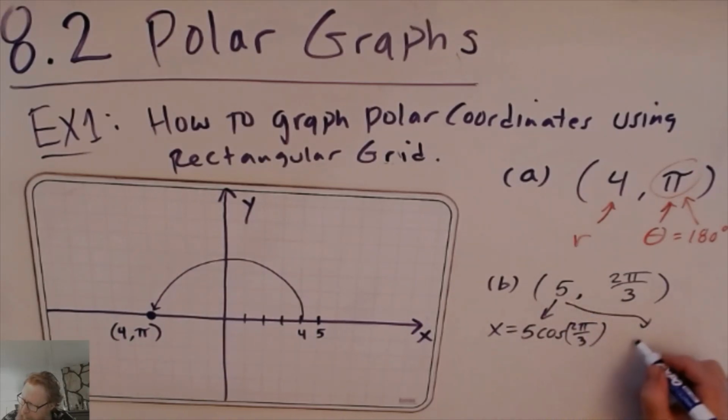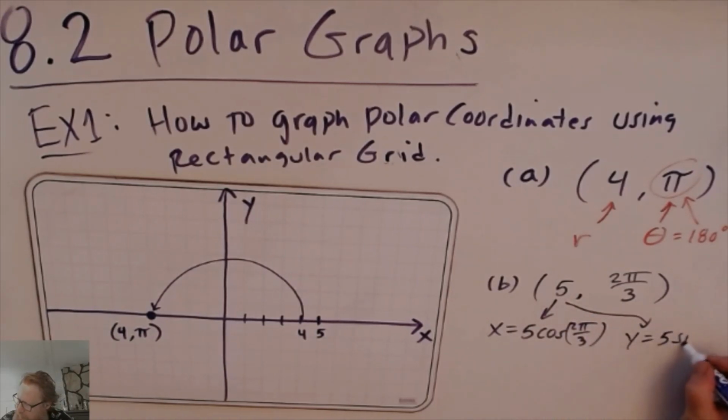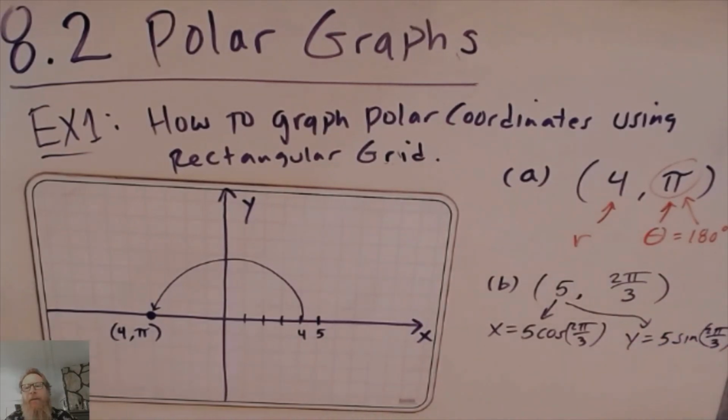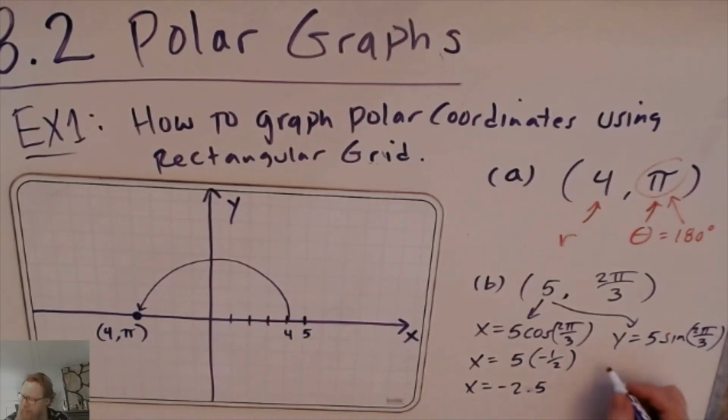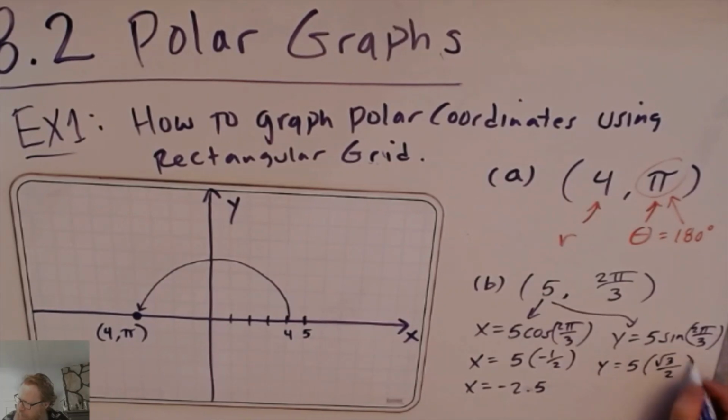And y is 5 sine 2 pi over 3. You can see that a little better. So x is 5 times -1/2, so -2.5. And y is 5 times radical 3 over 2.